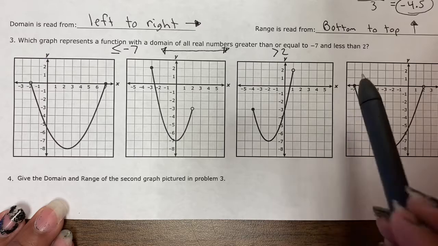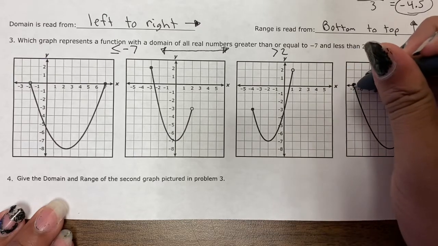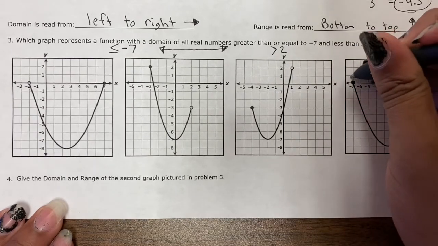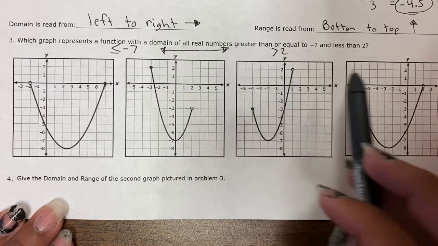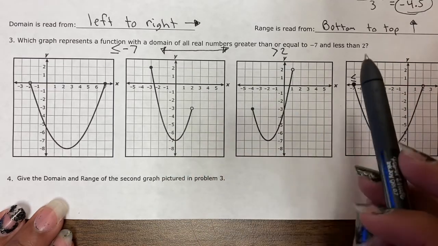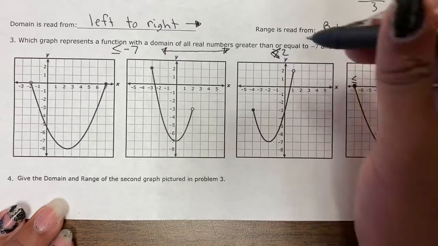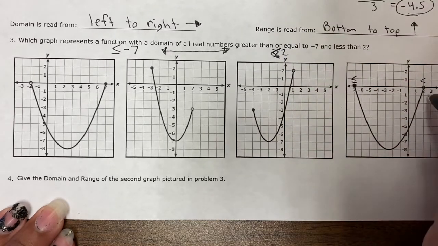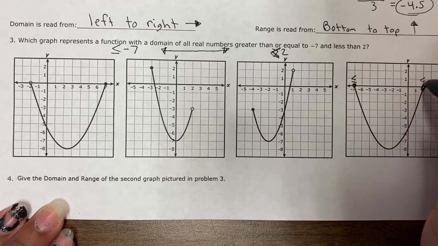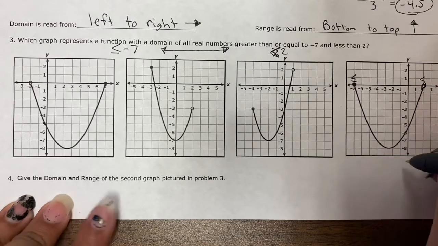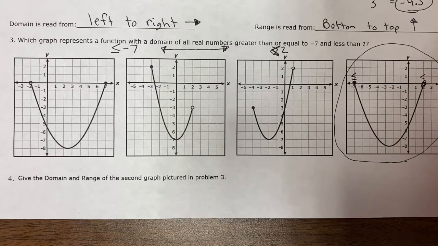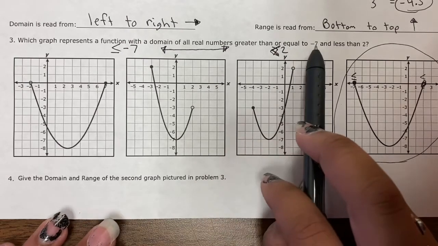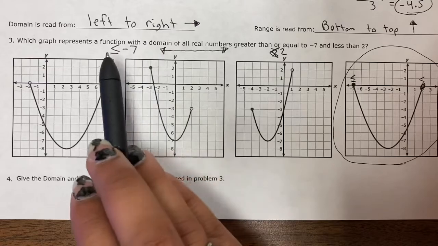And this one has -7 with a closed circle. So this one would be greater than or equal to. And then just to check, it has to be less than 2, my bad. So this one is an open circle and it's less than, so perfect. So this one would be the graph. So when I read this, I put -7 on the far left.